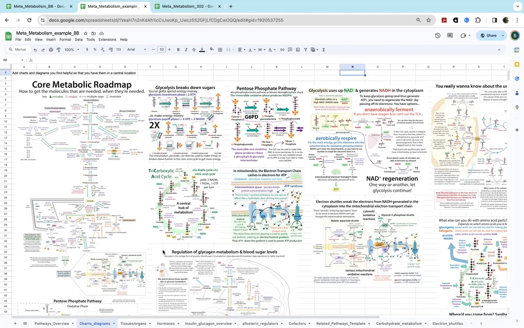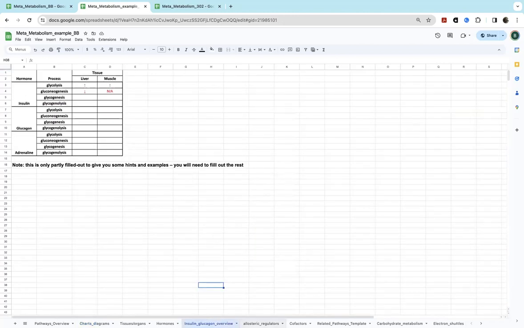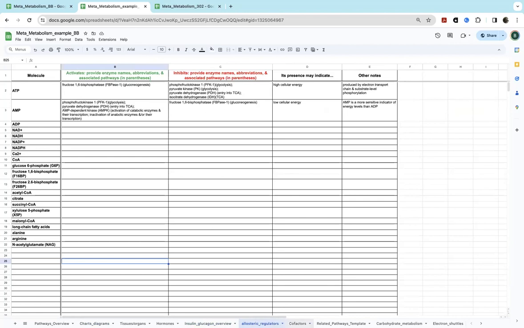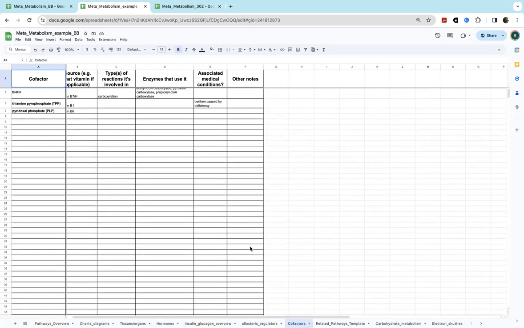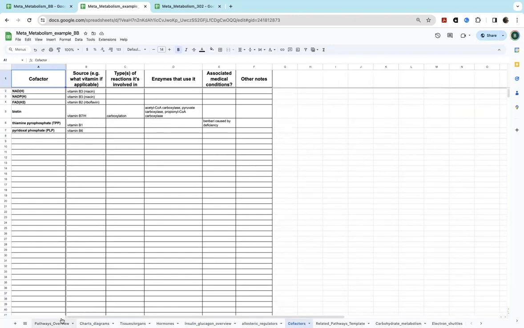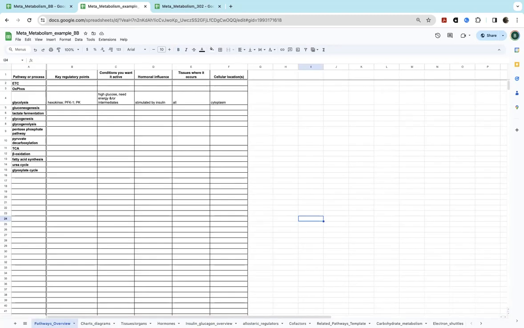Instead, you have a central location for this information, and you will gain knowledge of the pathways by interacting with them in an active and engaging way, taking notes, and making things that are going to be helpful for you down the line. So the focus is on engagement with the material rather than just finding the material.